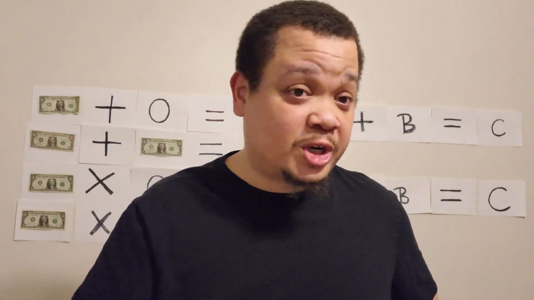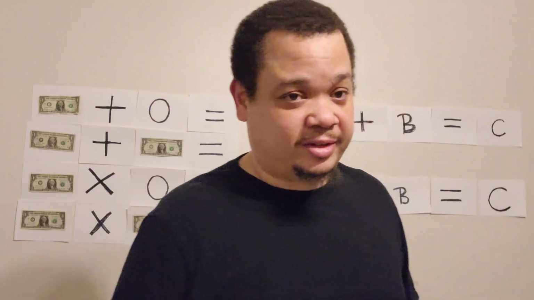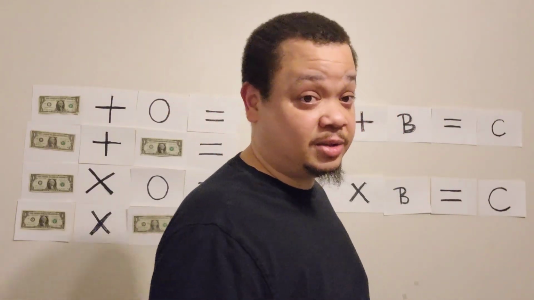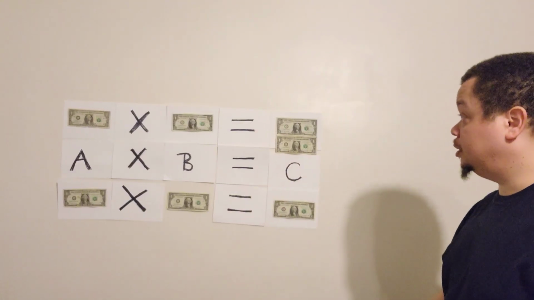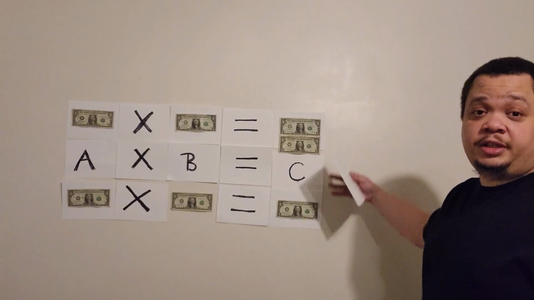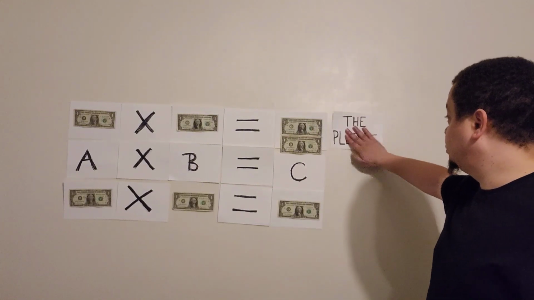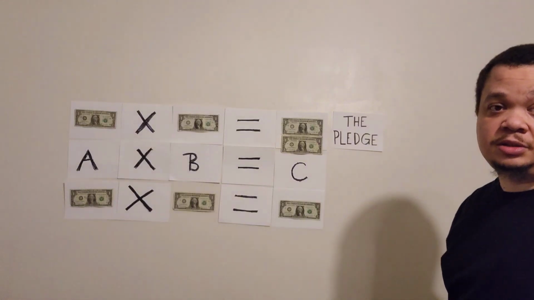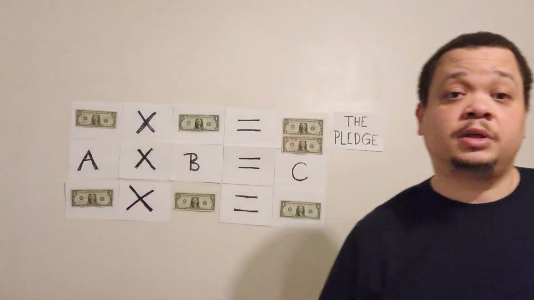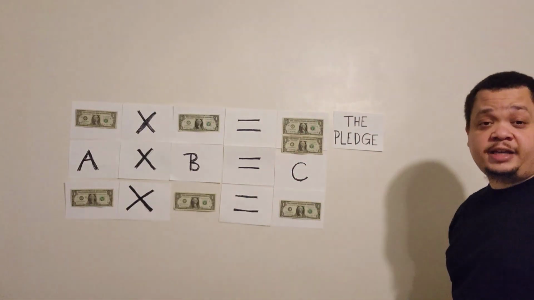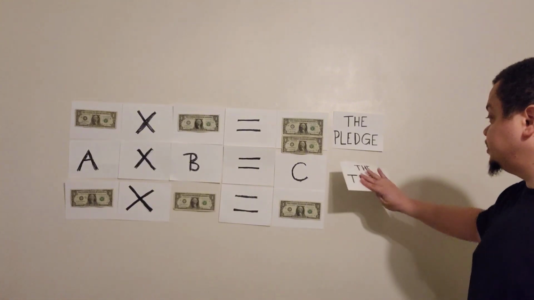But before I go, one last final thing, all right? Let me get it together real quick. All right, y'all, time for the final part. This first line here is the pledge. The second line here is the turn.